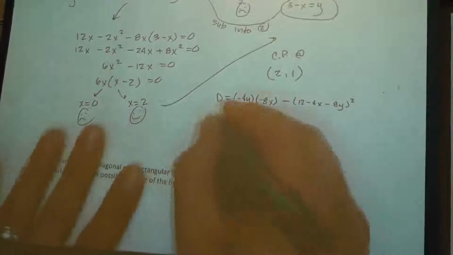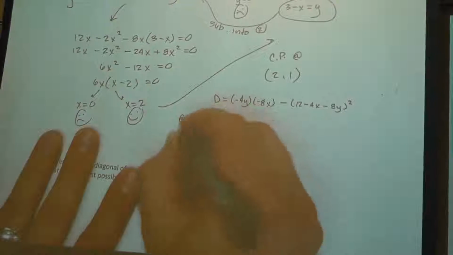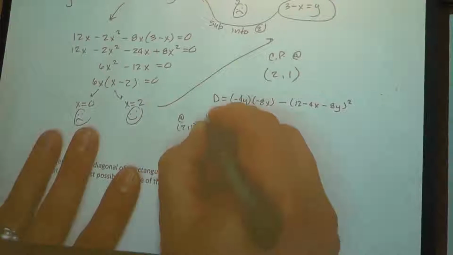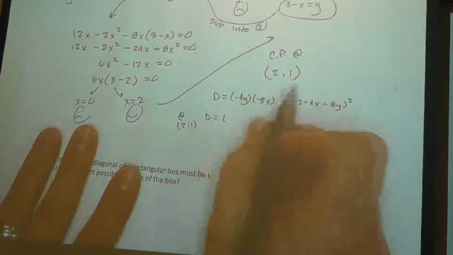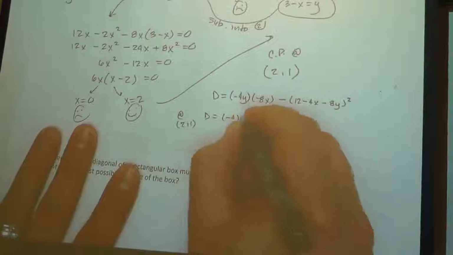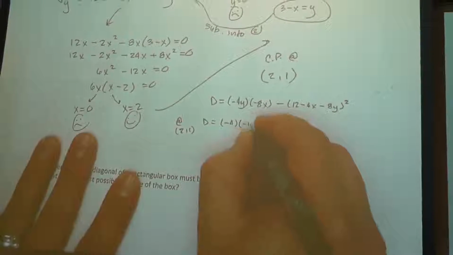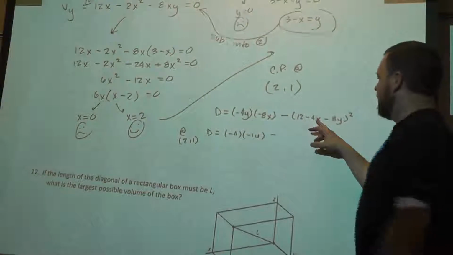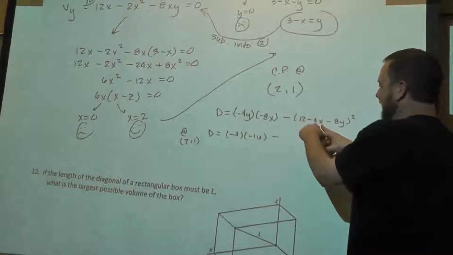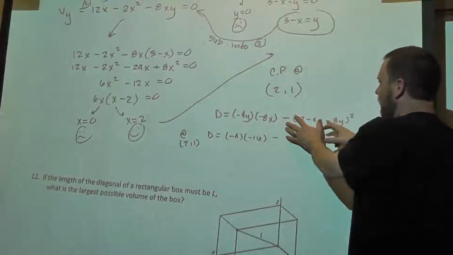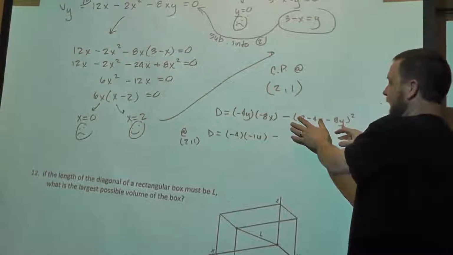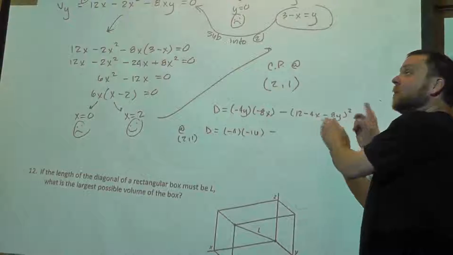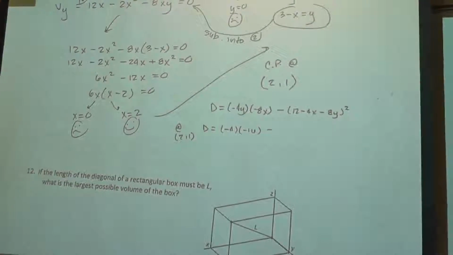So therefore, at this critical point, D is going to equal negative 4 times y, so negative 4, negative 8 times x, negative 16, and then minus, let me crunch this out carefully, that's going to be 12 minus 8, so 4. 4 minus 8 is negative 4, but it squares to 16.